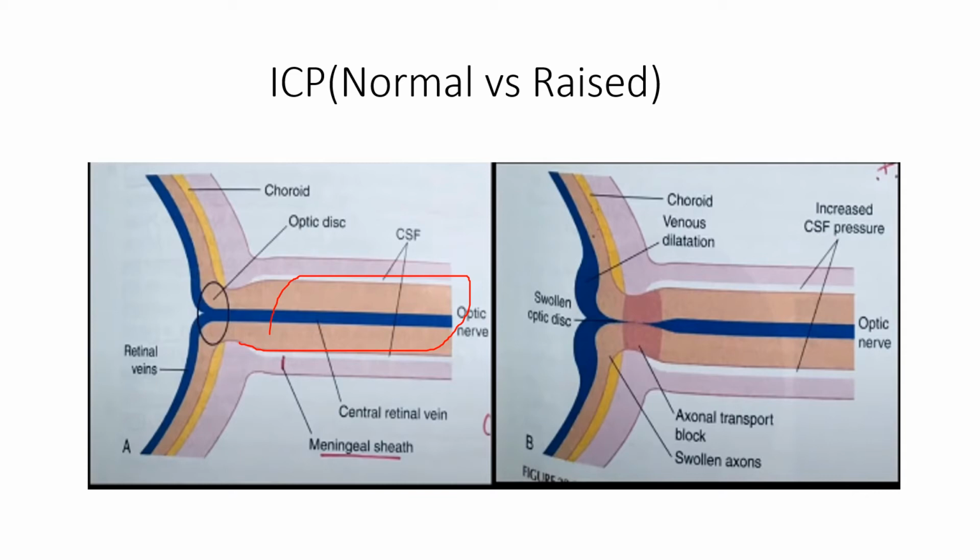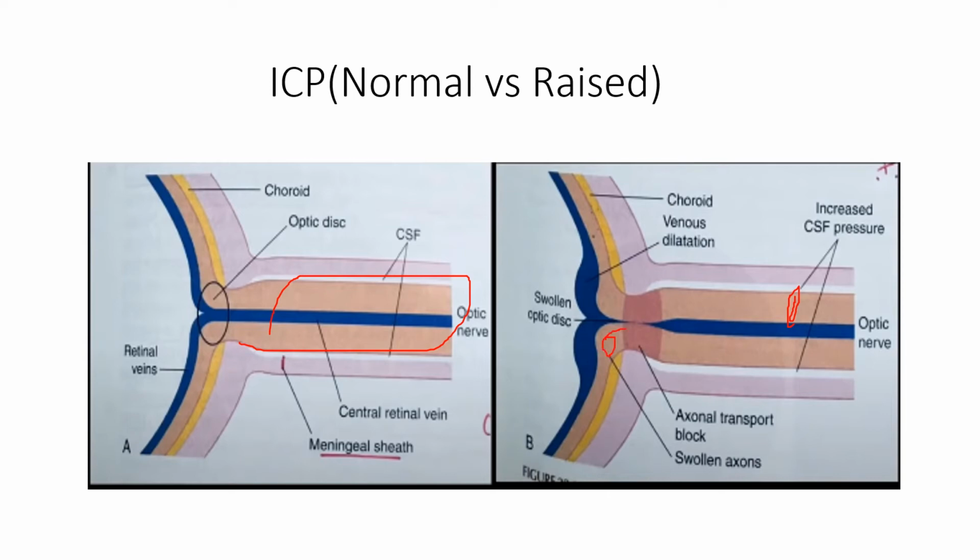When the pressure compresses the optic nerve, the axoplasmic flow through the axons of the optic nerve is hampered. So there is swelling of the optic nerve head.